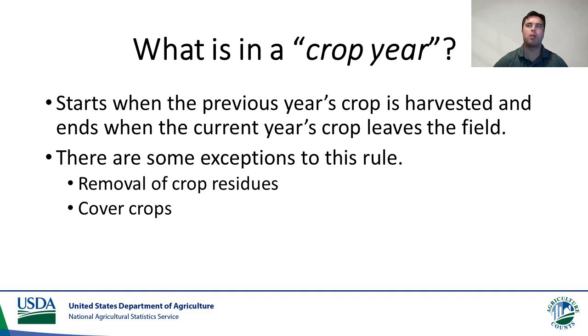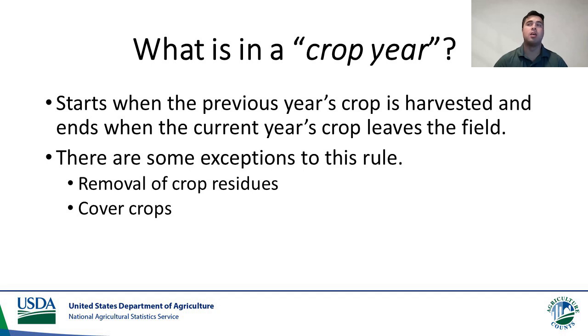What does a typical crop year look like, you might ask? A crop year includes all of the field activities that occur after the previous crop is harvested and ends when the current year's crop leaves the field. Operations after the harvest of the previous crop need to have the crop code of the current crop.